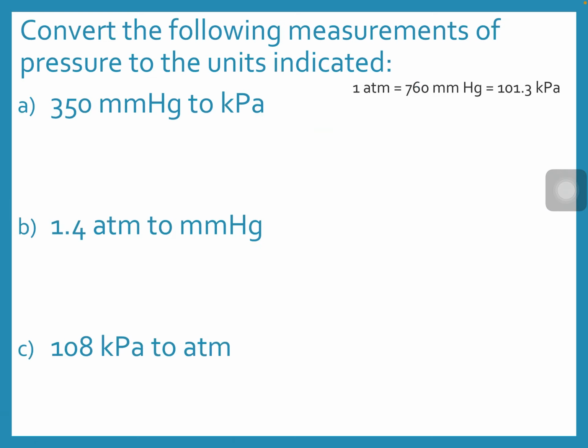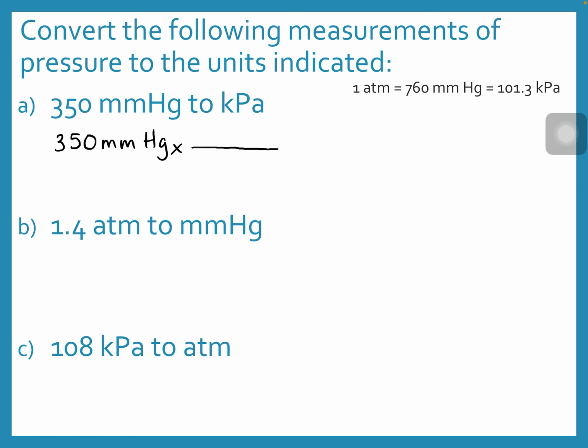Okay, so we're going to practice converting between those units of measurement. So first we have 350 millimeters of mercury, and we're going to convert that to kilopascals. So we've got the conversions over here. So if I start with 350 millimeters of mercury, what I'm going to use is the relationship between millimeters of mercury, and I want to move to kilopascals.